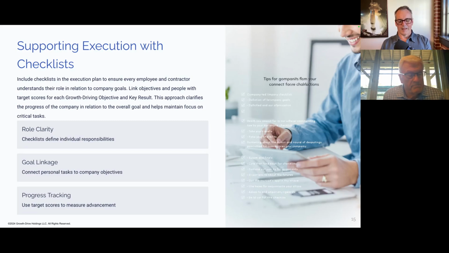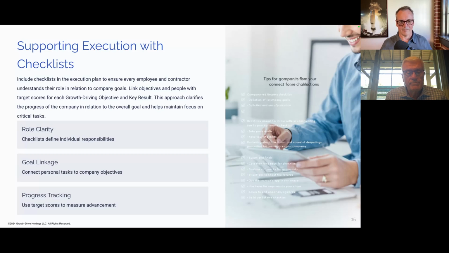Exactly. And checklists should not be constricting, right? We talked about intent and crafting intent. A checklist should be carefully prepared in a way that allows for execution in line with intent.